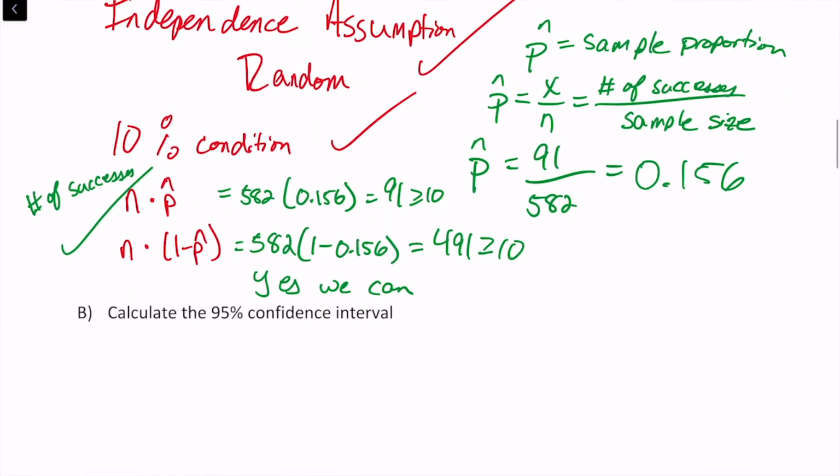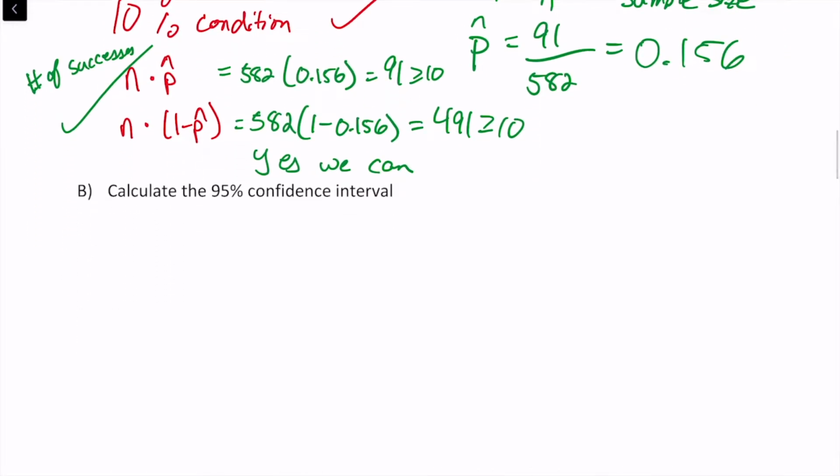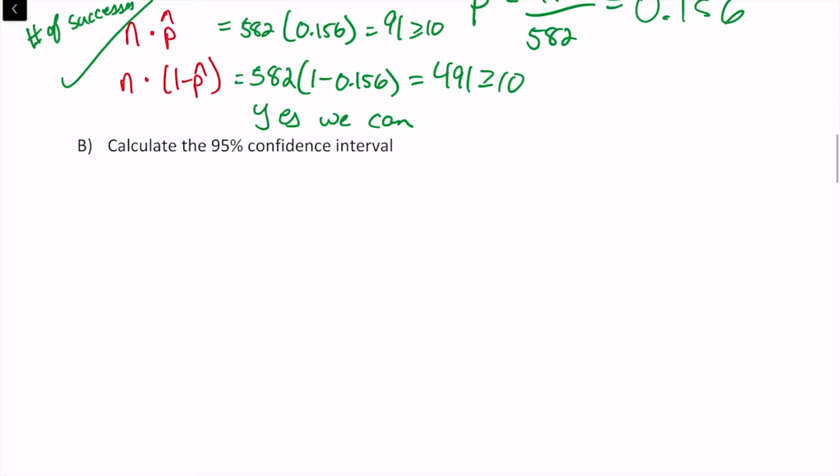All right, now they want us to calculate the confidence interval. So I'm just going to rewrite our formula here. Our confidence interval equals, we take our sample proportion p hat and we add and subtract the margin of error.